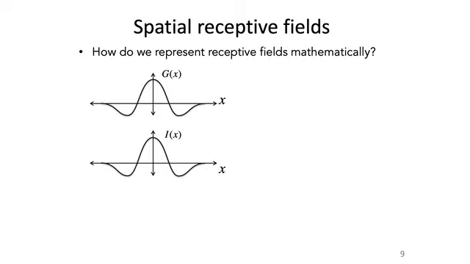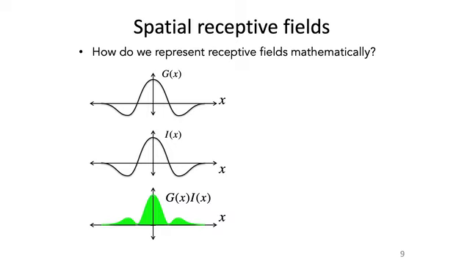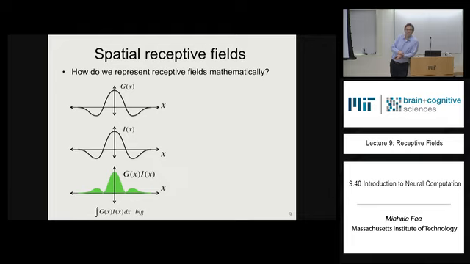So that's how you get positive and negative intensities here, because they're relative to some kind of gray background, all right? Okay, and so now we can just multiply those two together, and you can see that when you multiply positive times positive, you get positive. And when you multiply negative times negative, you get positive. Okay, and when you integrate over position x, you get a big number. Okay? You get some positive number. So a neuron with this receptive field, given that stimulus, would be likely to spike.